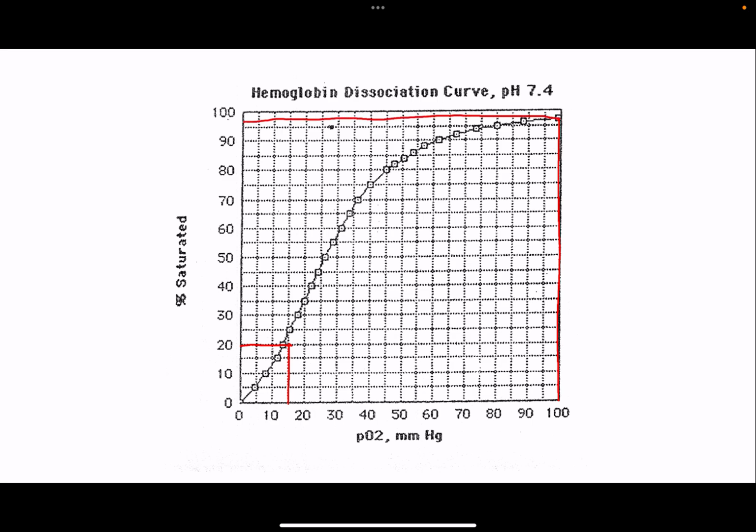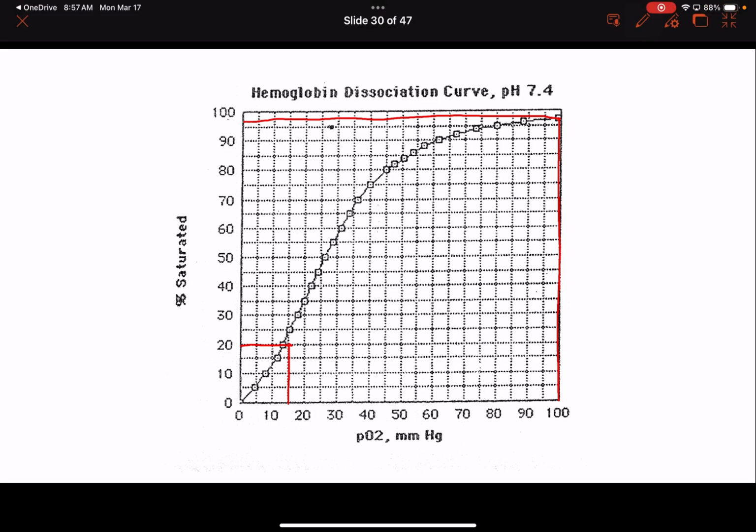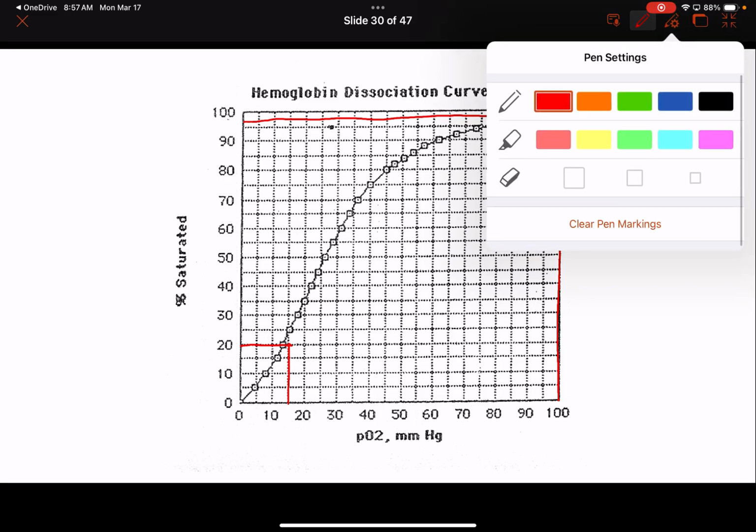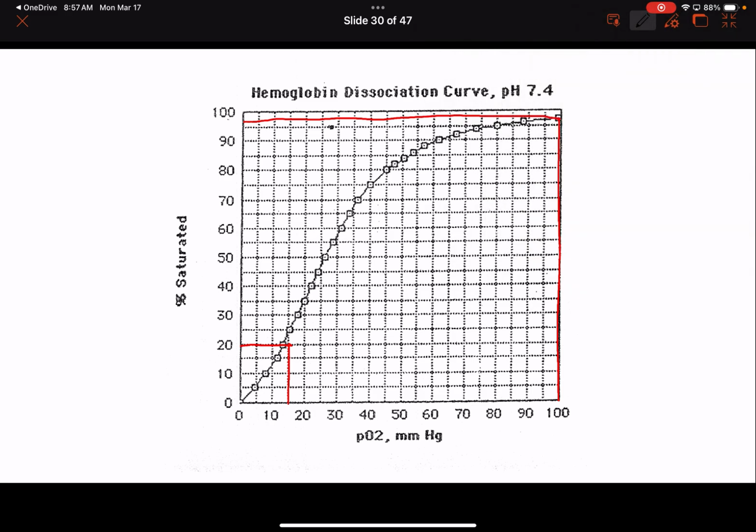That is a huge difference to make up if you're doing really, really vigorous activity. But then how many seconds do we have to get from this 15 to 100 inside the capillary bed? 0.75 seconds. That's not a whole lot of time to get that much of a difference made up.